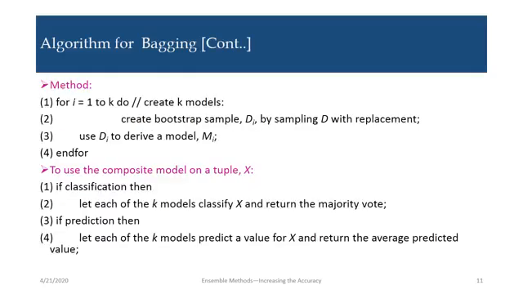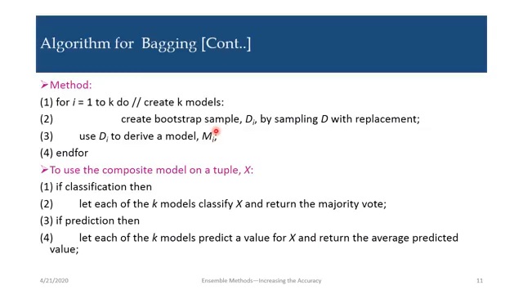Now the method for classification by bagging: for i equal to 1 to k, the iteration will run k times, because we have k number of classifiers. For i equal to 1 to k, do: create a bootstrap sample Di by sampling D with replacement. First we have to create Di, the data sample which is used for the training purpose.